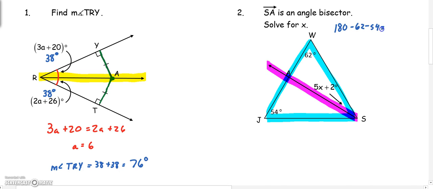So when I subtract the two angles I know, I get that my large angle down here is 64 degrees. Now, I know that this is an angle bisector, so I can split that angle into two congruent angles that both have a measure of 32 degrees. So 32 degrees and 32 degrees.